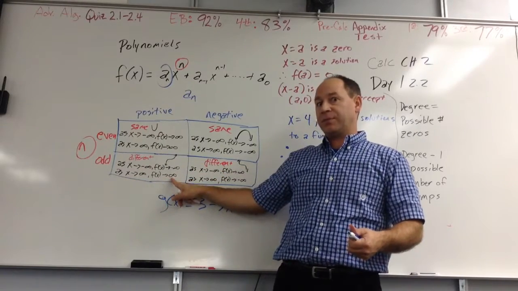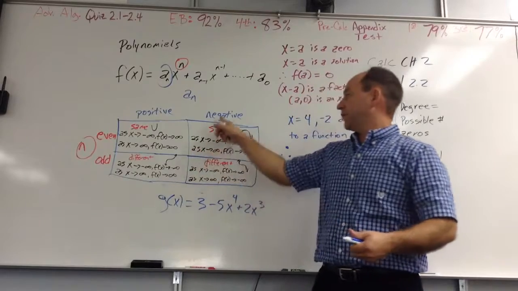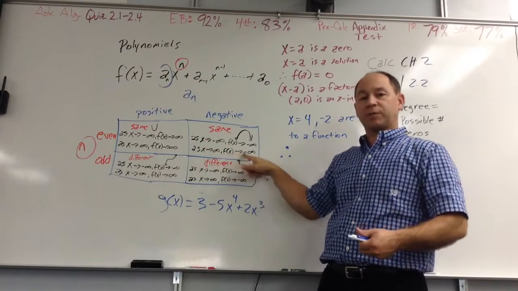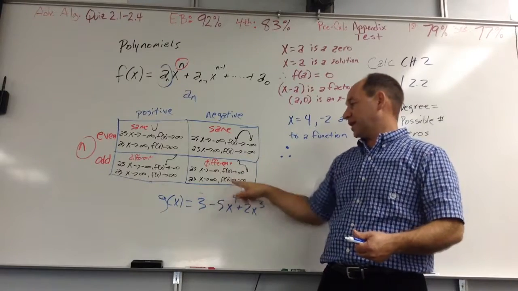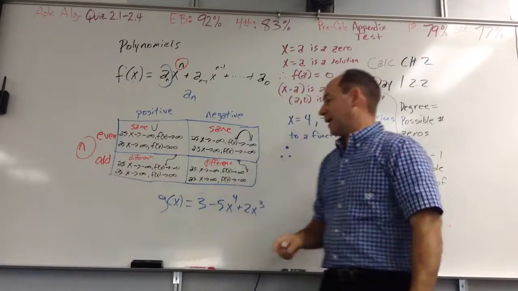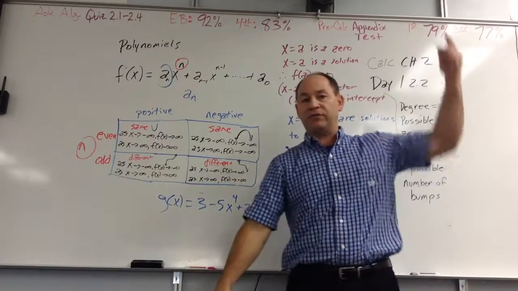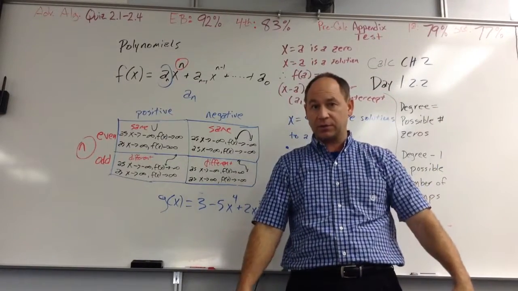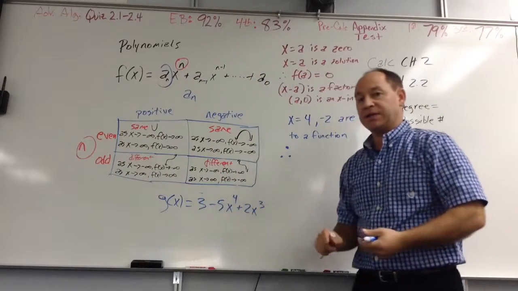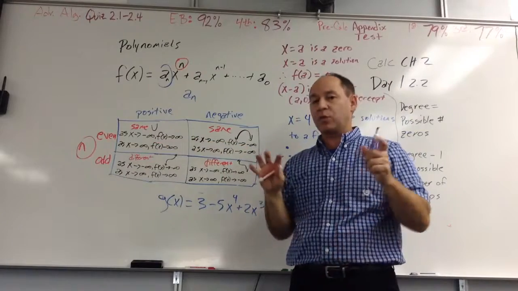That means it goes up. If the leading coefficient is negative, as x approaches infinity, f of x approaches negative infinity. If we put those four things together, we have four possibilities. It can start low and finish high, start low and finish low, start high and finish low, or start high and finish high. Those are our four possibilities, and this is the mathematical way to say it.